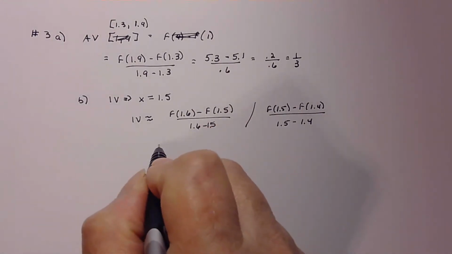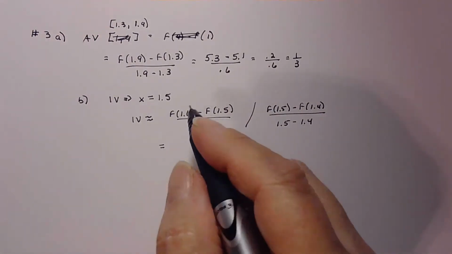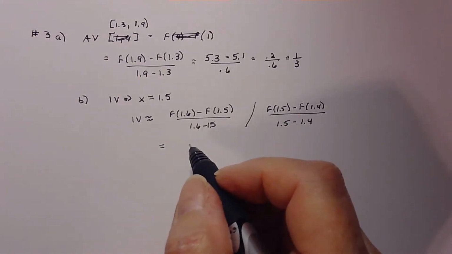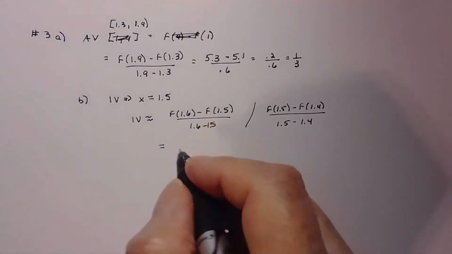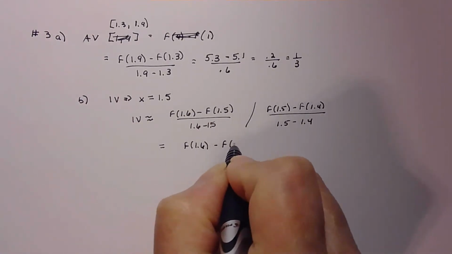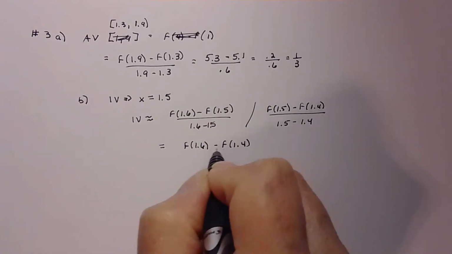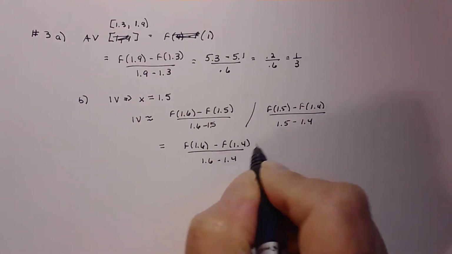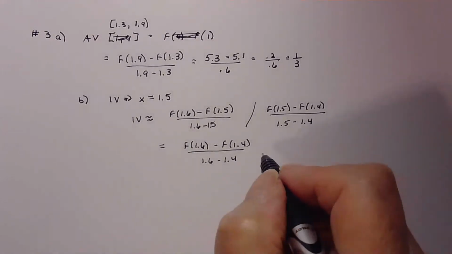Now, again, kids have mentioned in class, and it's true, that as long as my interval width is equal and my points are close by, then what I could do is actually f of 1.6 minus f of 1.4, because 1.5 is right in between those, over 1.6 minus 1.4, and get the same answer.